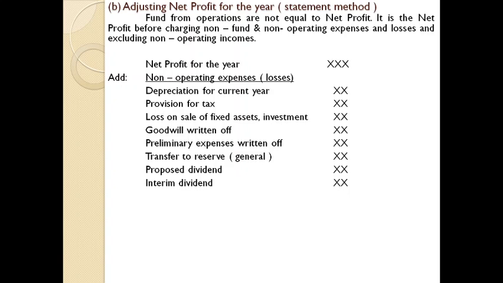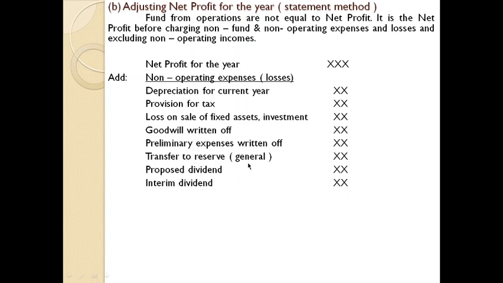Just go through all these items, and sometimes these items may be directly given in the question. Sometimes you need to prepare ledger accounts, as we have discussed earlier. We will discuss that in detail while dealing with the application level questions. So these are some of the common non-operating expenses: depreciation, provision for tax, loss on sale of fixed asset or investment, goodwill written off, preliminary expenses written off, transfer to reserves.